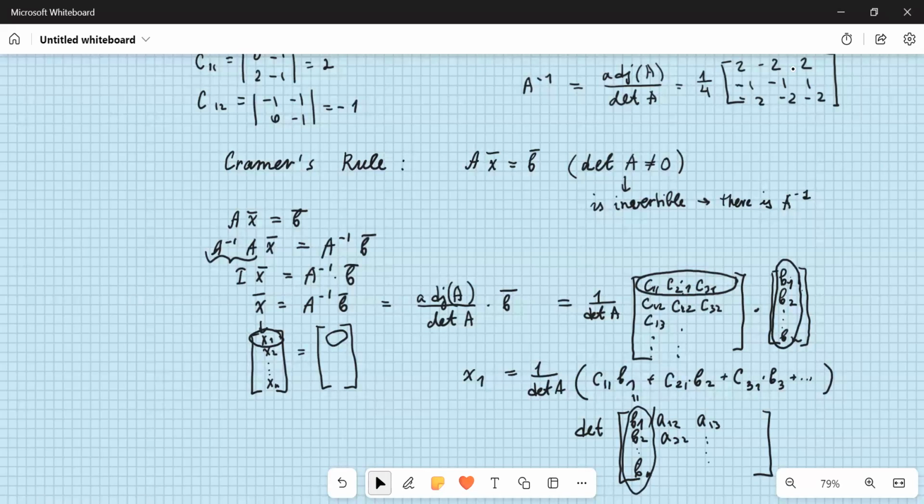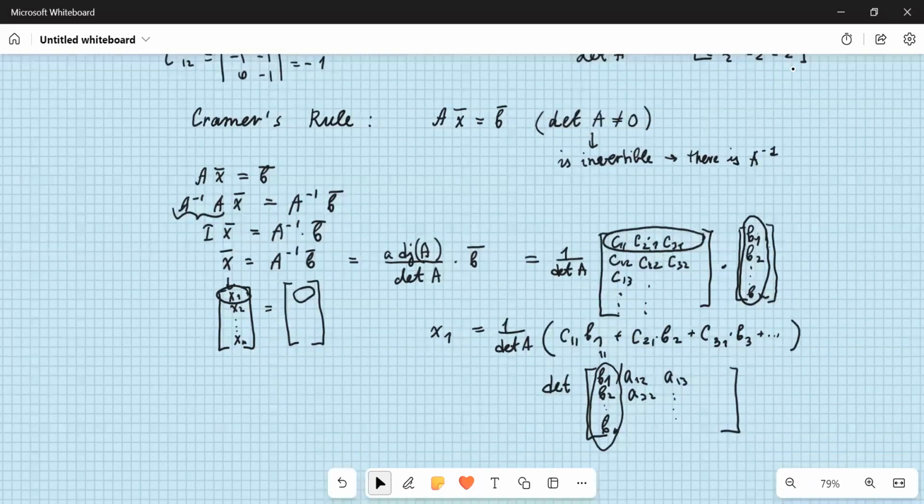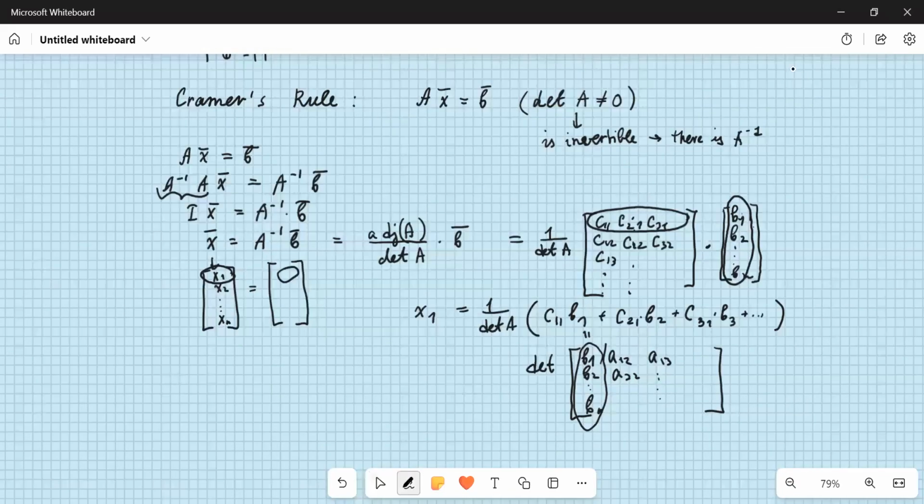If you do this, then let's look at this kind of expression. We're going to expand by the first column. We're going to have B1 multiplied by, if you cross B1, the adjoint of C11, right? And that's exactly what we have.